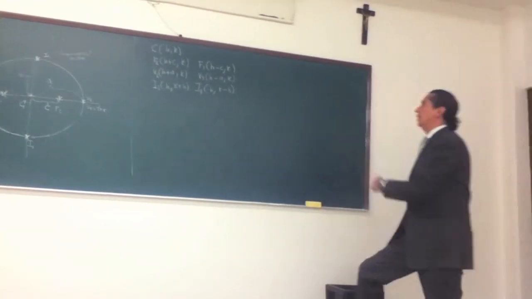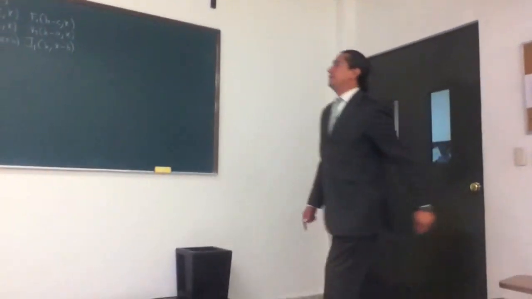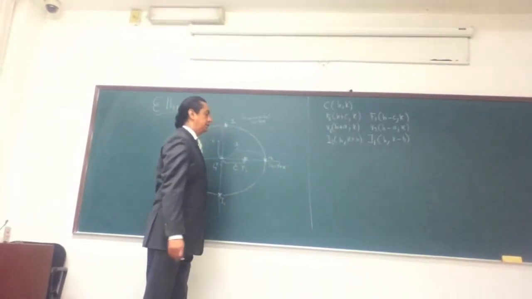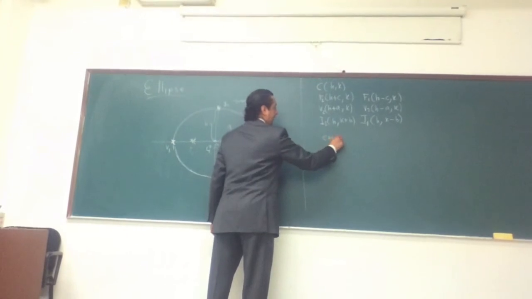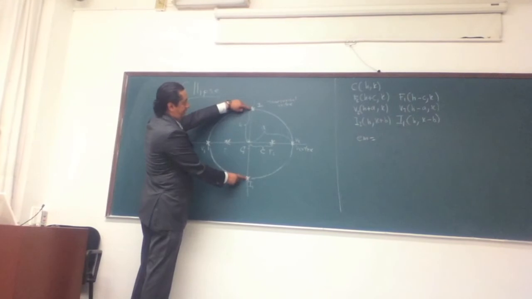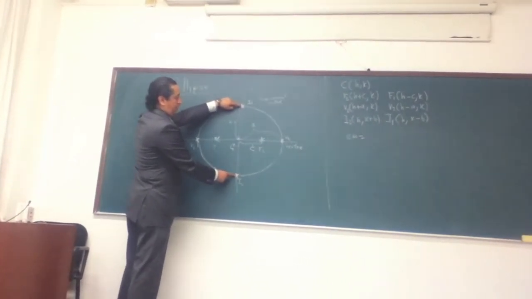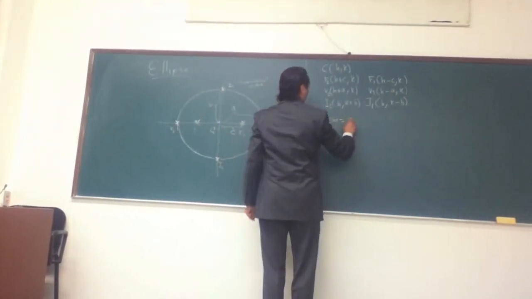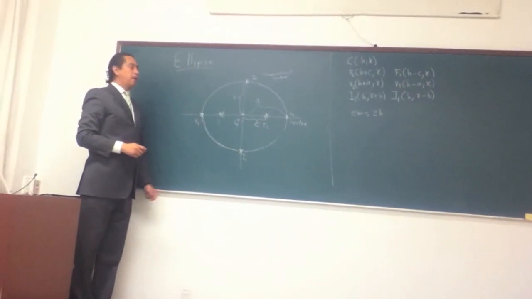Okay, now, other very important elements. The minor axis is the distance between the transversal vertices, which is b plus b, 2 times b.